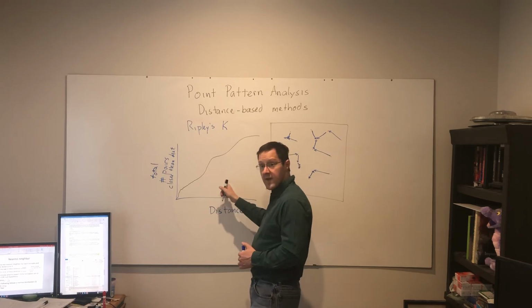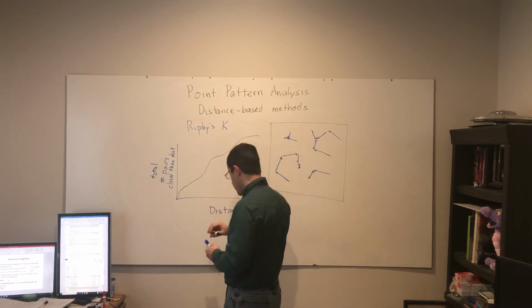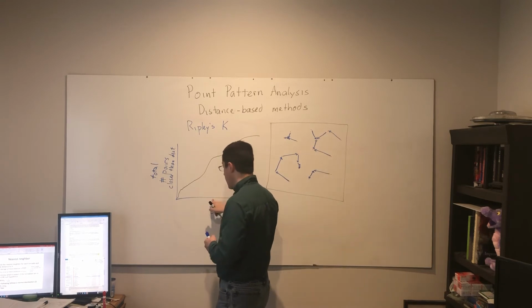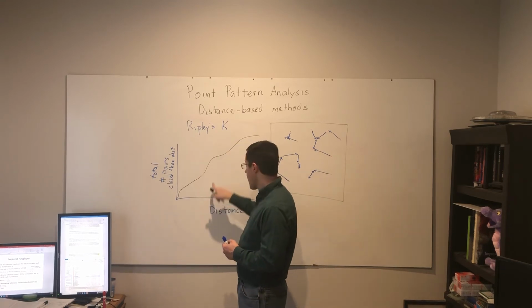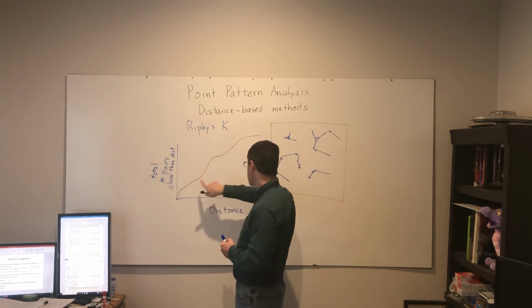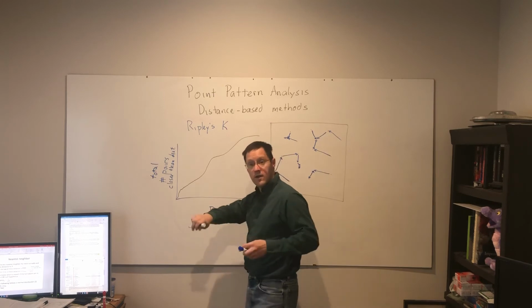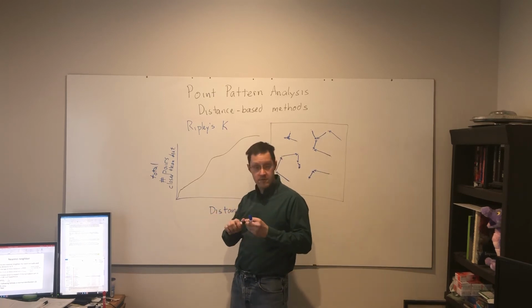And throughout, I can say, at any distance, how many pairs of points are closer than that? So I graph this out.